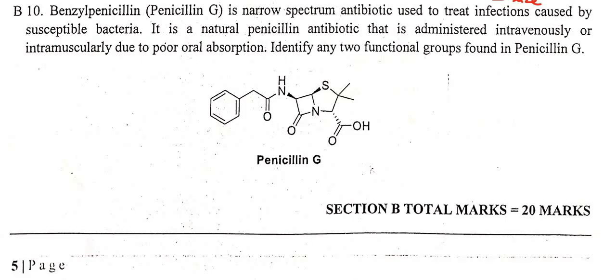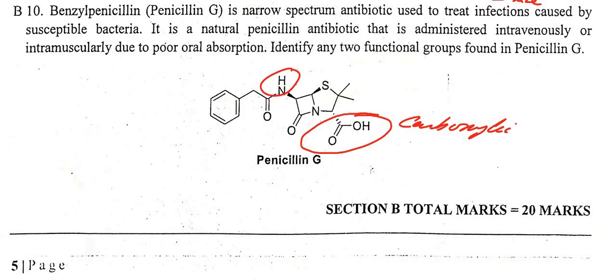There's a carboxylic group, any two that you can see. There's a carboxylic group this side. You can see an amide, right? Yeah, there's an amide, this guy here. Yeah, so you can have that.